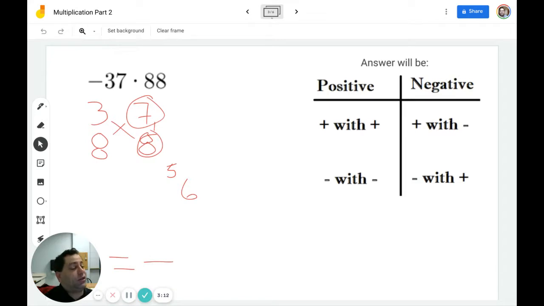Well, 56 plus 20 is 76. 76 plus 4 is going to be 80. And lastly, I do 3 times 8 to get 24. Writing my answer, I get 6, 5, and then 24 plus 8 is going to be 32.